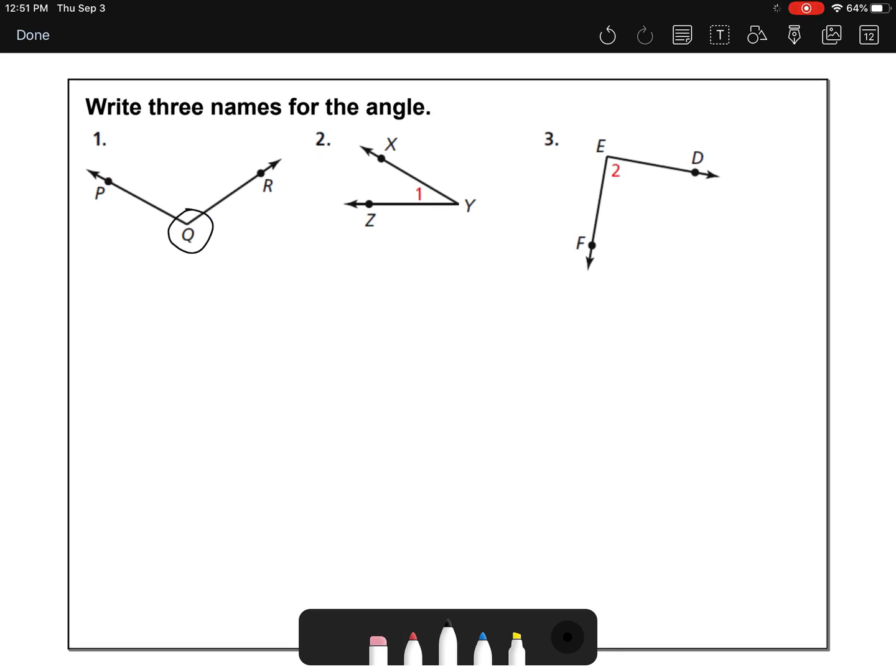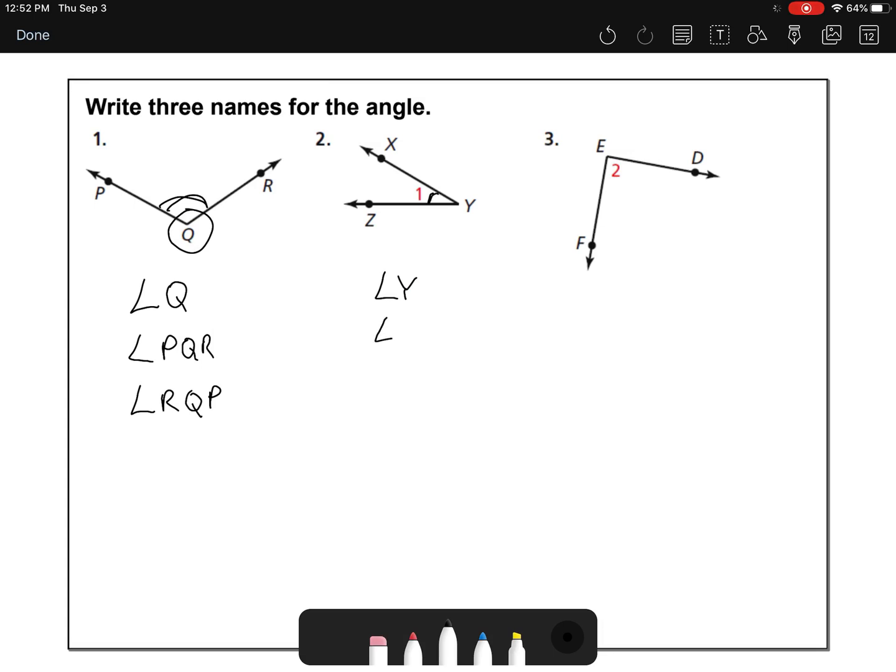Now, if we go to these angles, we can see that we can name angle Q here, because everyone knows the angle is just right here. So that's okay. The other two ways, we would use the three letters, angle PQR and angle RQP. Number two is very similar.